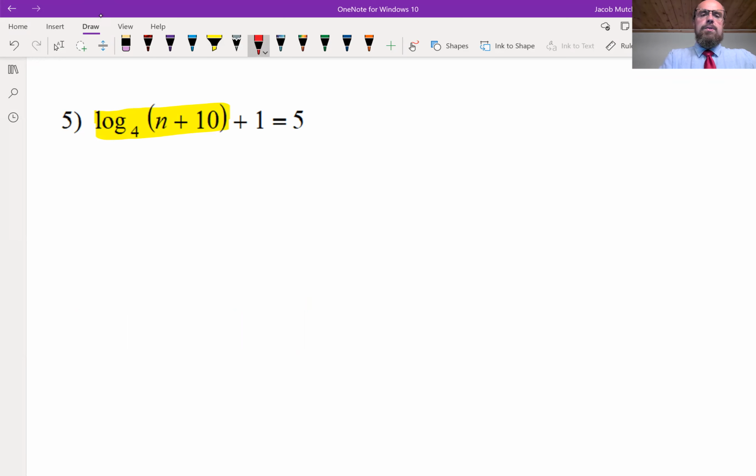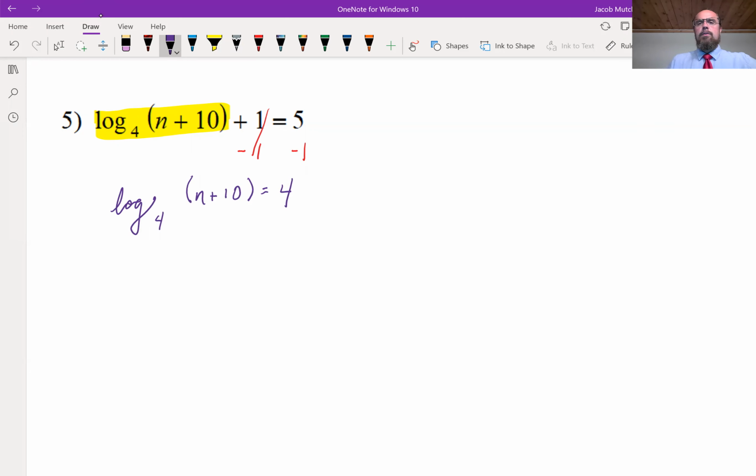So I'm going to start by subtracting the 1, the constant here on the left. It'll cancel on the left and then give me log base 4 of argument n plus 10 equals 4.